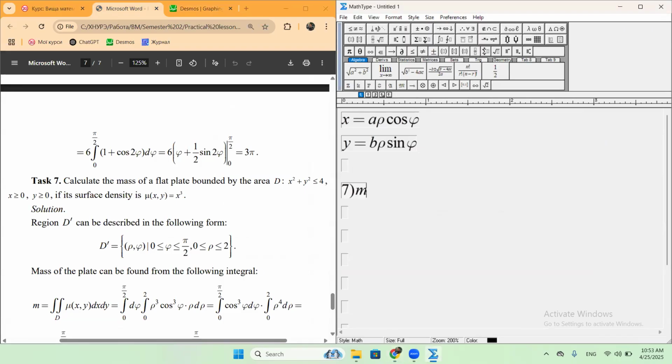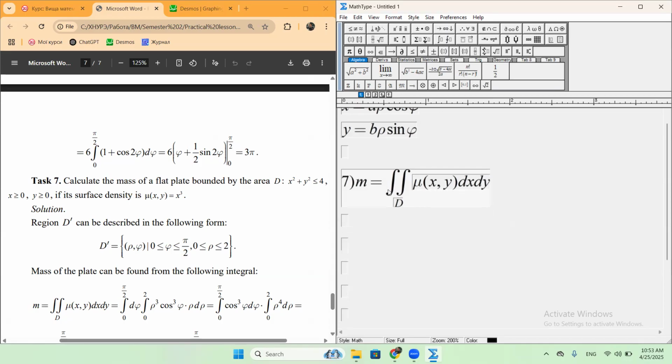How to calculate the mass? We need to calculate the following integral. We need to integrate the surface density in this region. In our case, it is equal to x square. Yeah, not x square, x cube.